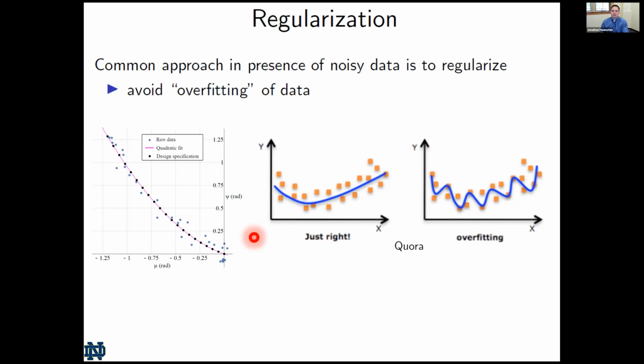And so what you do is you regularize. You don't want to exactly go through the points, because then you're going to overfit your data. You're going to model the noise. So you want to create something that looks at the underlying properties without getting too crazy. And so the common technique is to regularize your data.